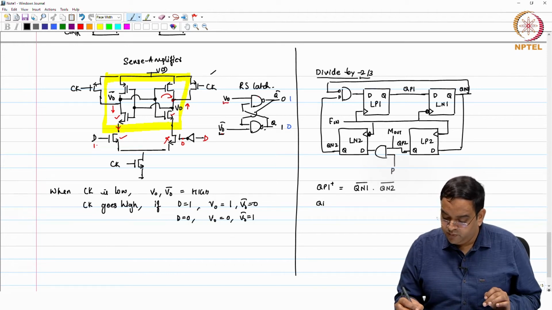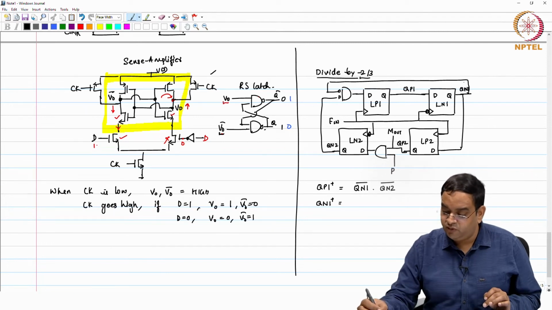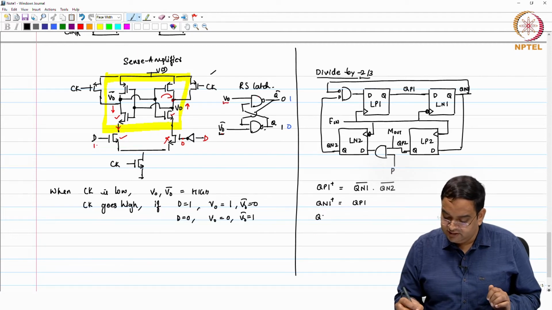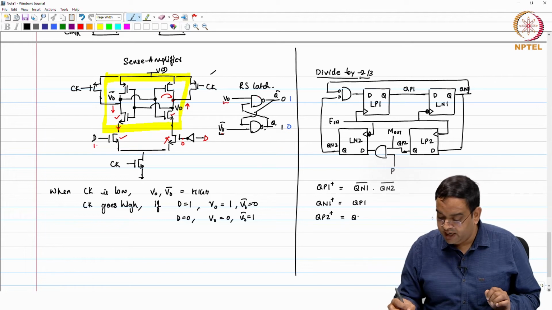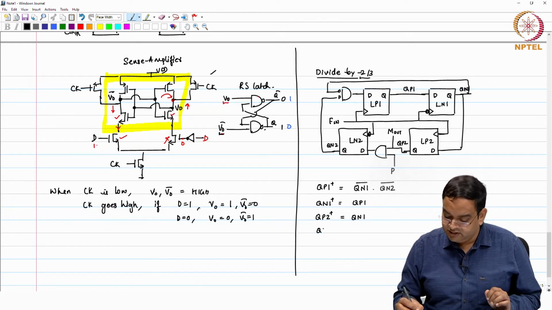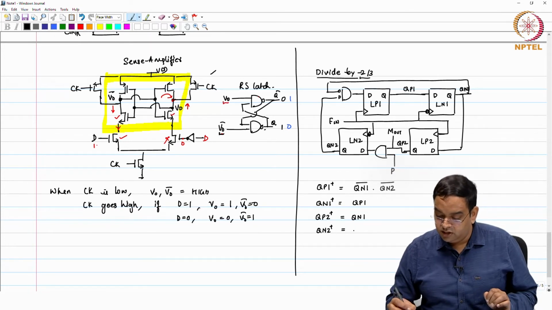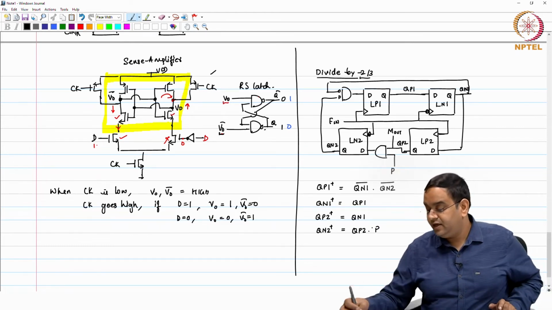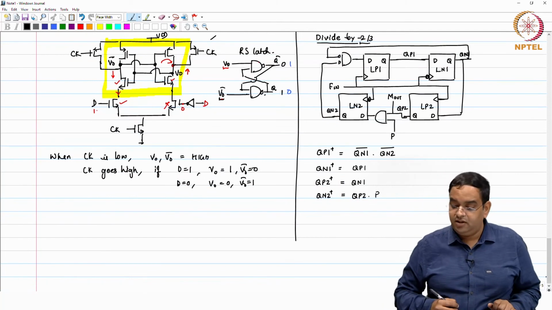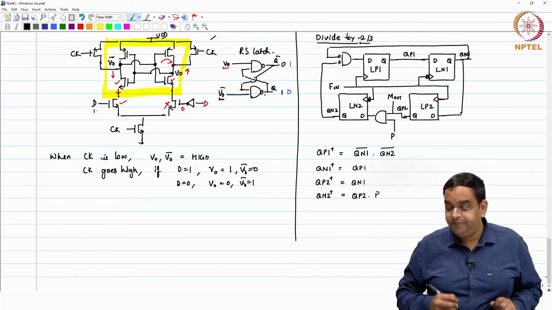Then the next state of Qn1 is nothing but the previous state of Qp1. The next state of Qp2 is the previous state of Qn1, and the next state of Qn2 is equal to the previous state of Qp2 times P. If P is 1, then it will have that value, otherwise it is going to be 0.